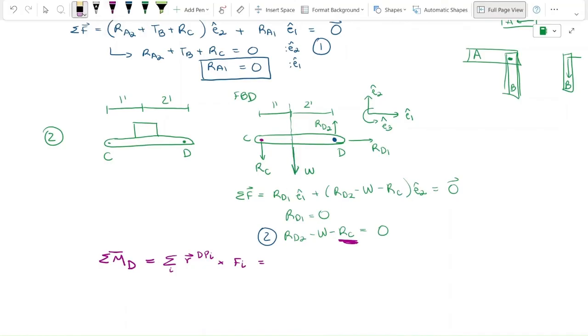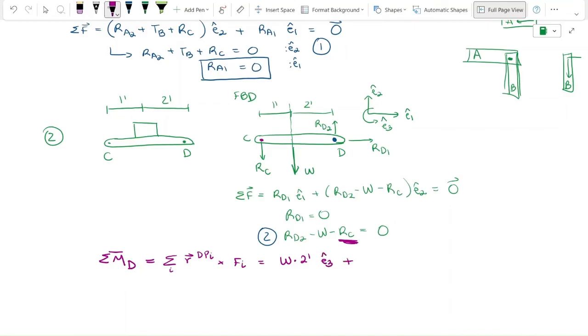So for this first one, we have weight times 2 feet. And the moment is going to be in this direction, which is the positive E3 hat direction, so I'm going to write this in the E3 hat.